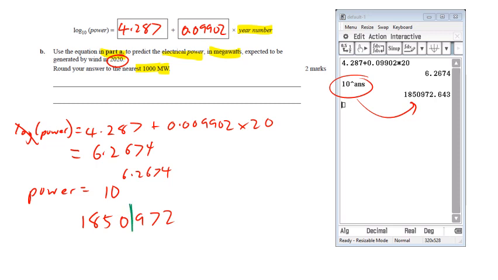Because that's the ones, the tens, the hundreds, is the thousands. So we look over here, we ignore those guys, and it shows us that we got to write 185, and the 0 becomes 1, and then 0, 0, 0, right? So it's 1851000 megawatts. Don't forget to put your units.